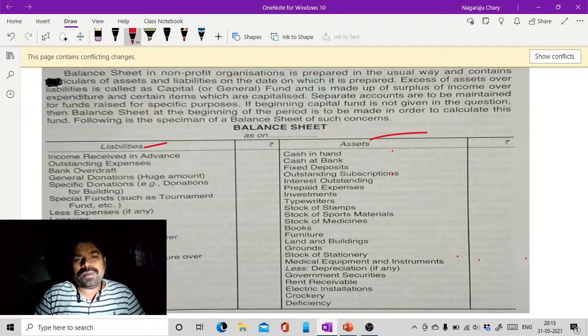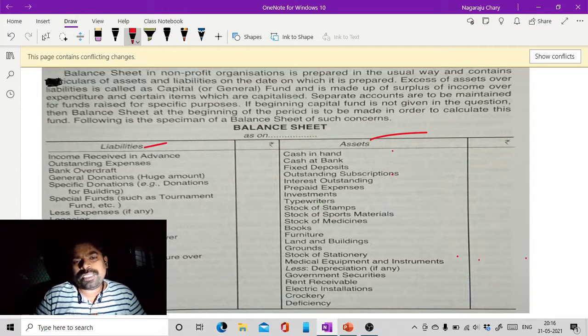So on the left side liabilities are to be recorded, on the right side assets are to be recorded. One thing we have to discuss here: after completion of the income and expenditure account, through that account we may get a surplus or a deficit. Surplus means income and gains are more than the expenses and losses.